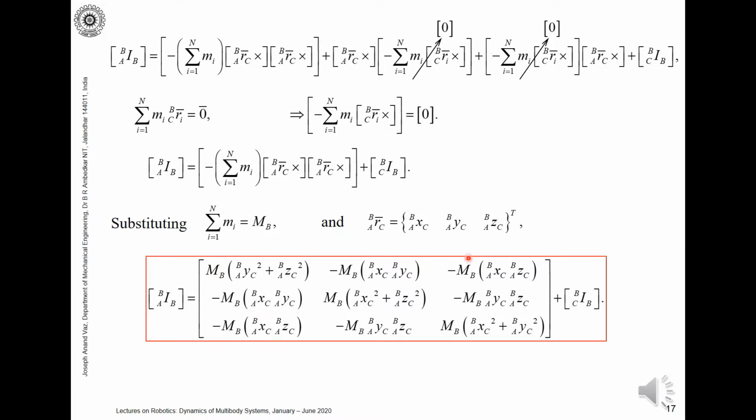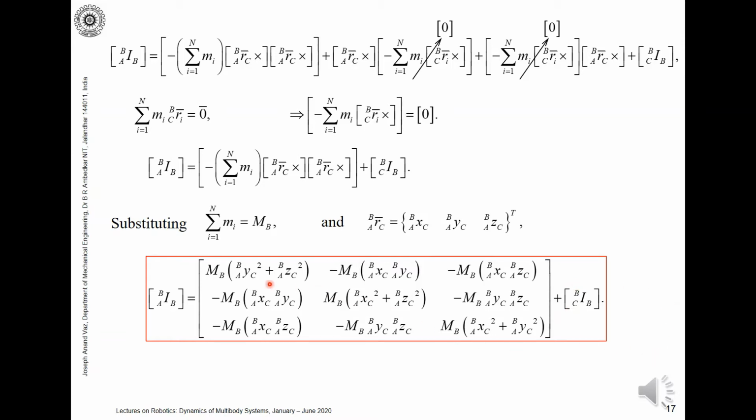which is obtained from the components of this position vector R_C with respect to A, and also we make use of the mass of the rigid body, plus the inertia tensor of the body about the center of mass expressed in the frame.